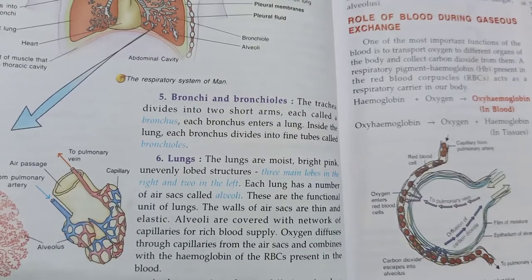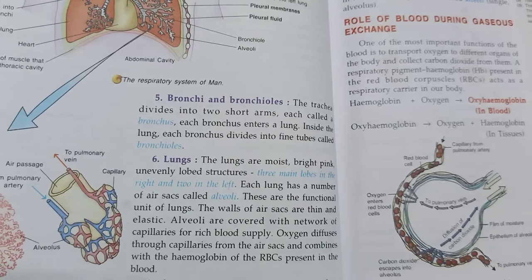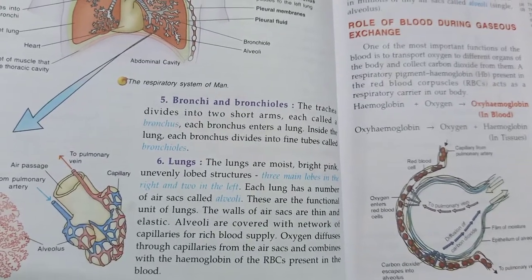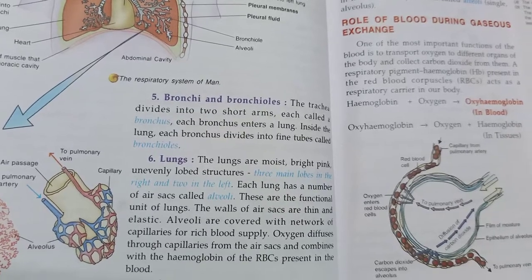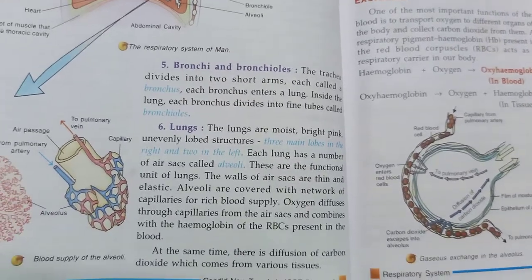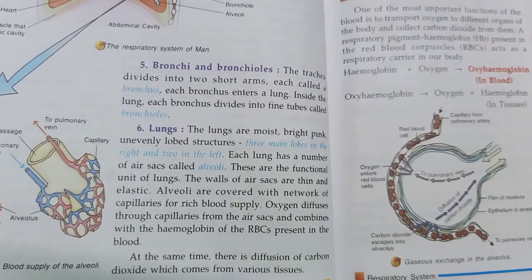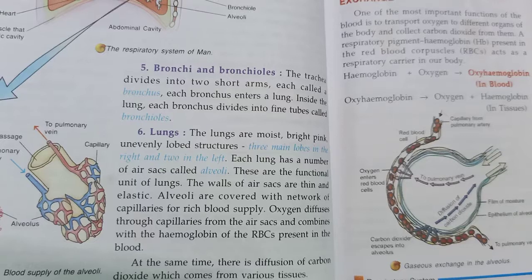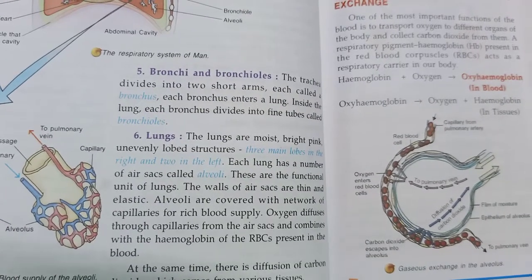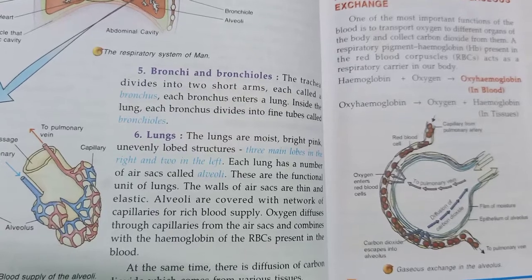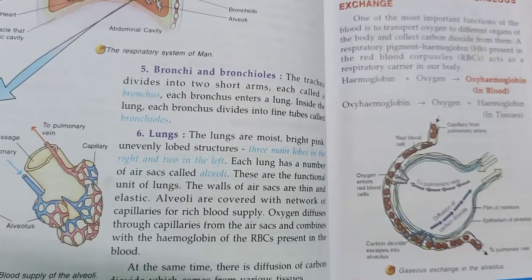RBCs are red blood cells. At the same time, carbon dioxide, which comes from the various tissues, also diffuses.